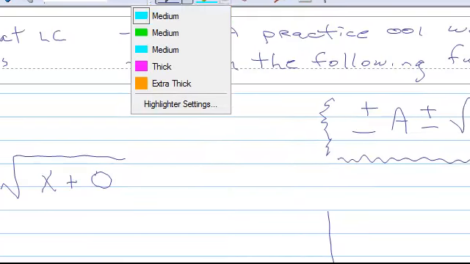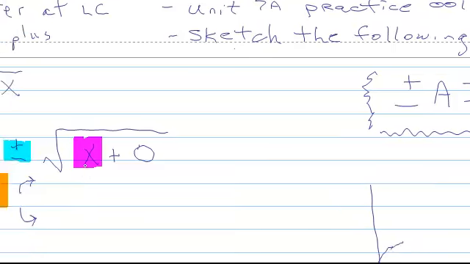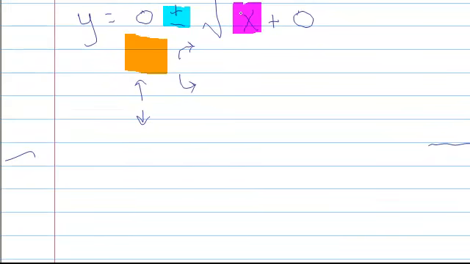Now we're going to go to the inside. Now, plus or minus x. The plus or minus x represented opening to the right or opening to the left. Well, this one's a positive, so it opens to the right. We've already got that started.